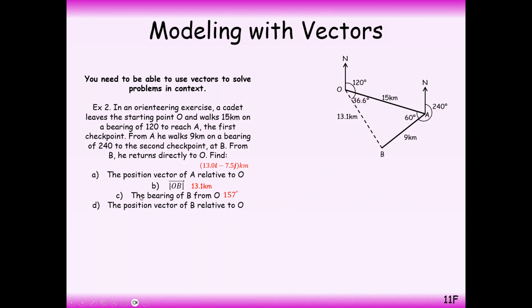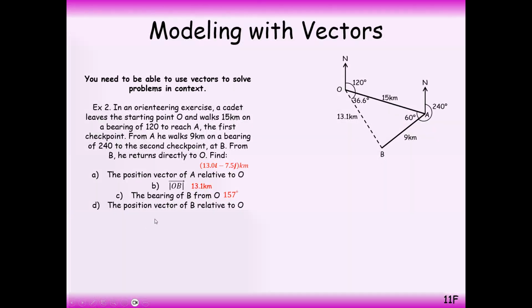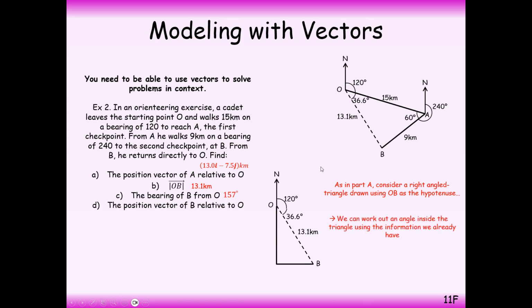So we've answered part C here, and finally reading part D, the position vector B from O. Once again, you have to get your right angle triangle, and we know the vector length OB is 13.1, using OB as the hypotenuse of a right angle triangle there. So you want to figure out this i and j down here in this right angle triangle.